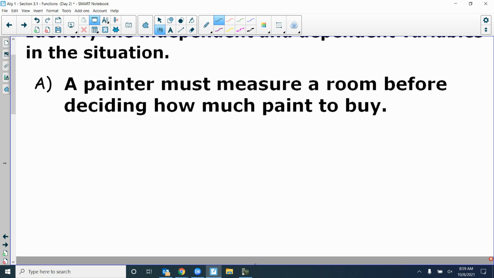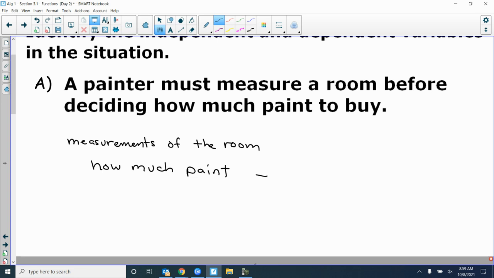You can say measurements of the room, or you can say size of the room. Either of those would be equivalent. But we got measurements of the room. And then we got how much paint. I'm just going to put how much paint, like typically you say, that we need to buy.